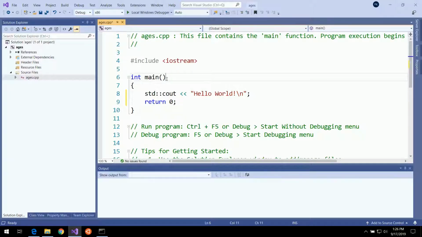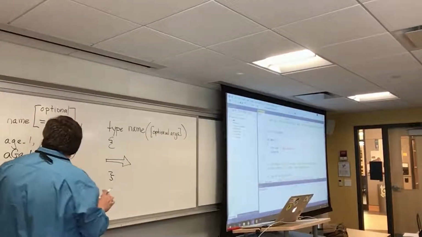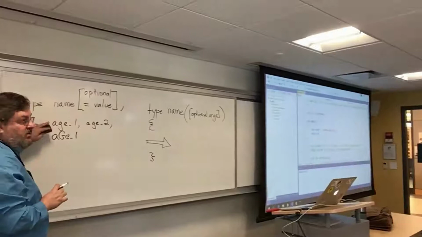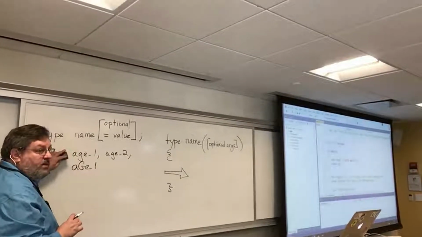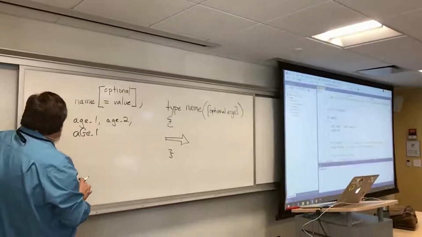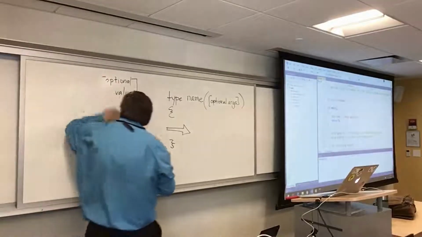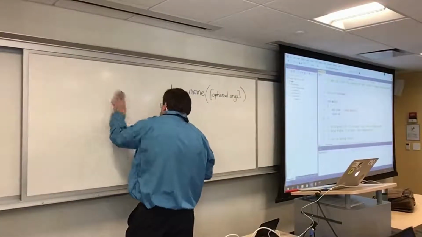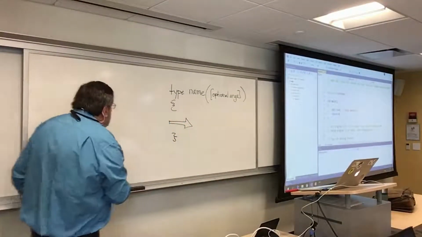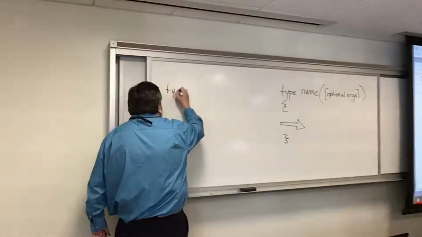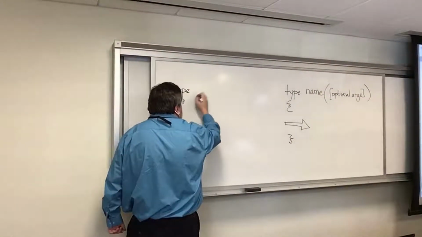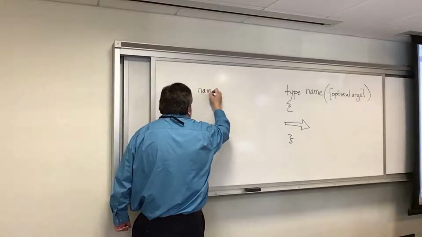Okay? Now on the Macintosh, the default style, I'm going to erase this now. Everybody cool with that? Okay. All right. Now on the Mac Xcode, the default style goes this way.